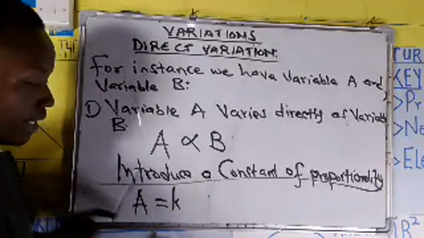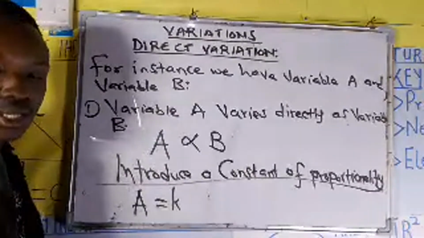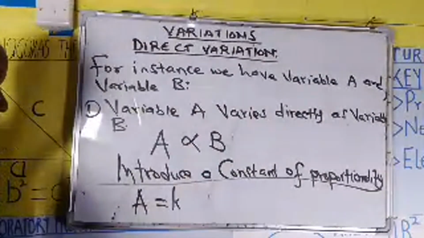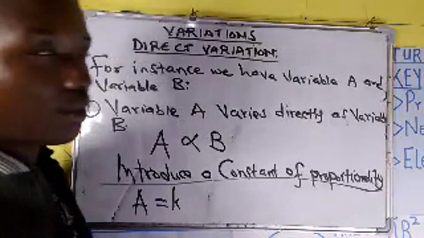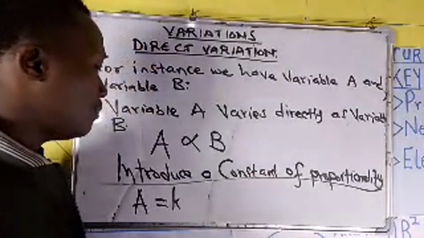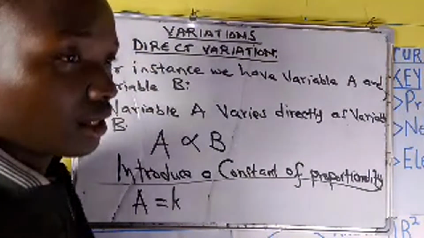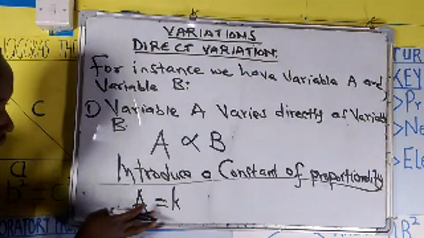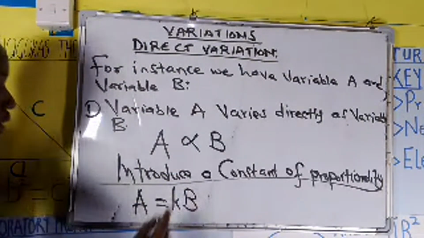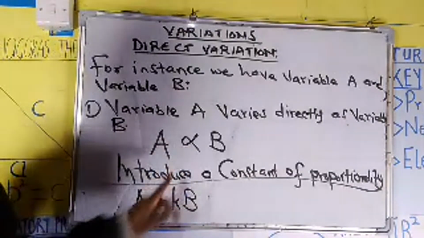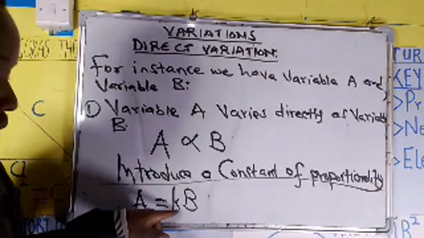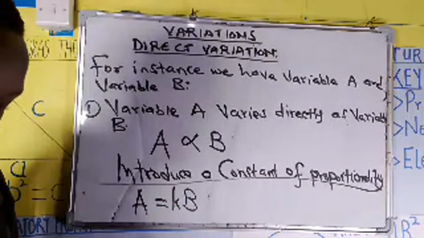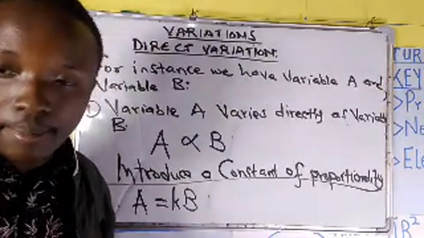I like using K as the constant because in a majority of cases you find C being used as a variable. We will come to partial variation where we have two constants of proportionality, but we'll do that later. So A equals KB.